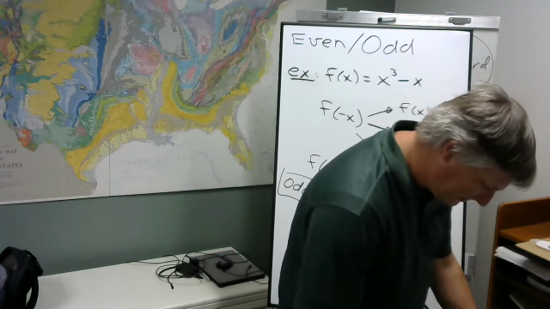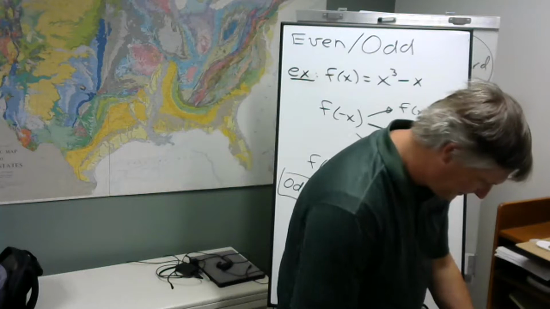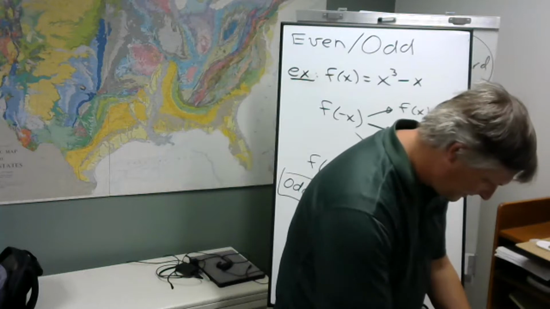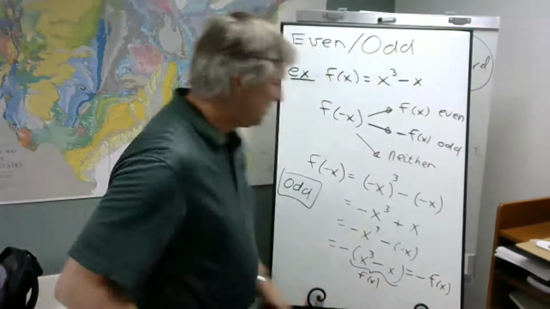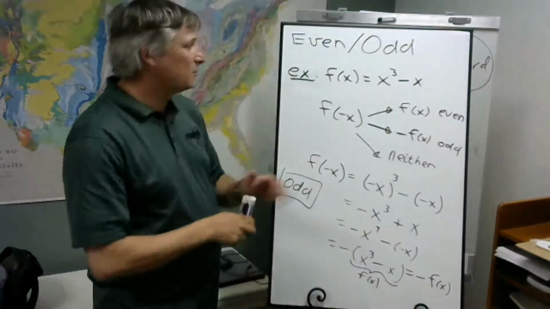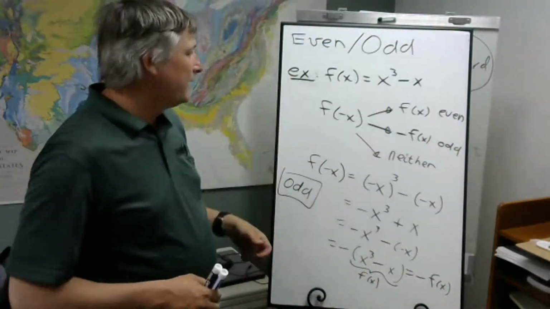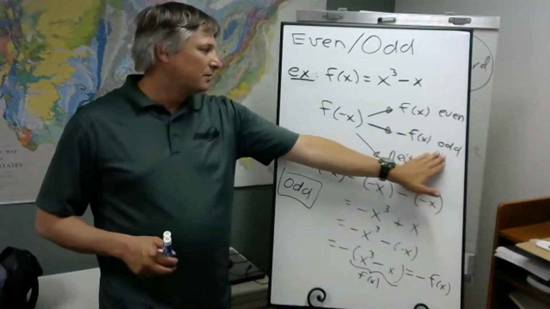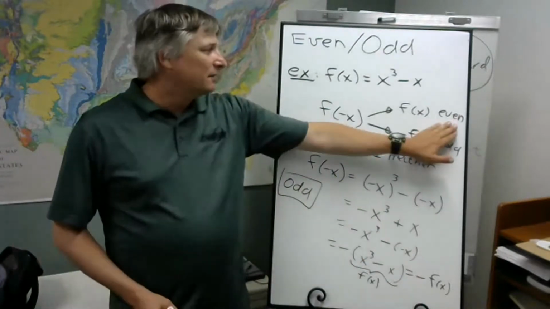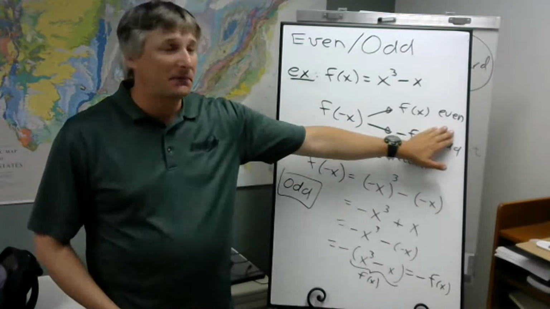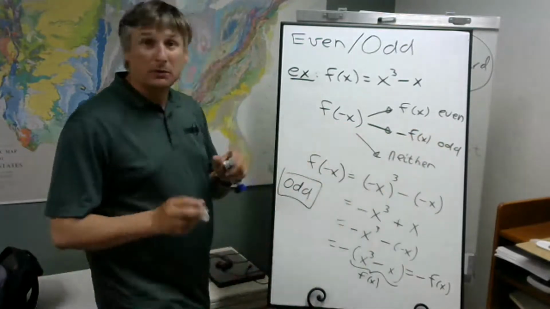Let's check in. So what they were doing is they also wanted you to test symmetry. And again, if something's odd, that also means it's symmetric about the origin. If it's even, it's symmetric across the y-axis. All right, let's do another one.